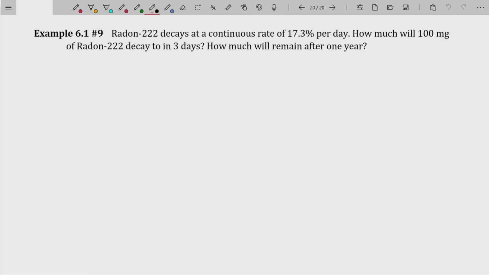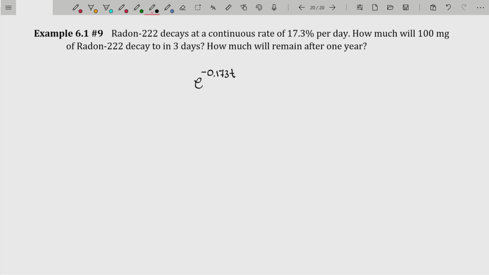And the final example is very famous. Whenever you have radioactive decay, it presents famous examples. So radon-222 decays at a continuous rate of 17.3% per day. That means that you have e to the negative 0.173 t.